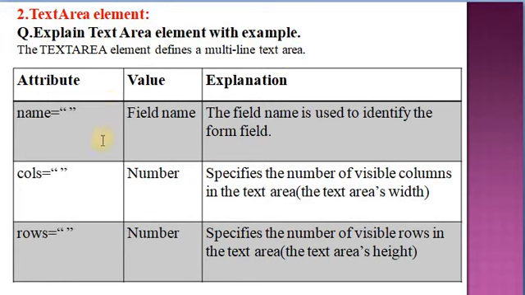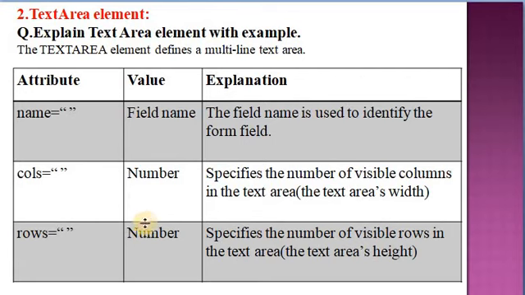The attributes of a text area element are name, which is the field name used to identify the form field, cols and rows. Here cols and rows are the attributes of a text area.